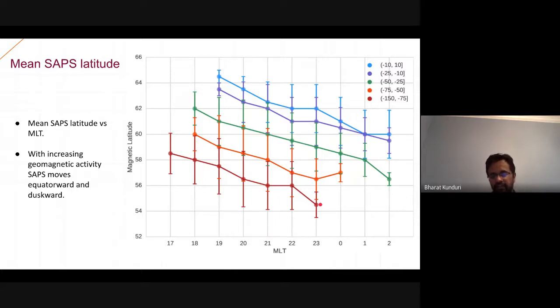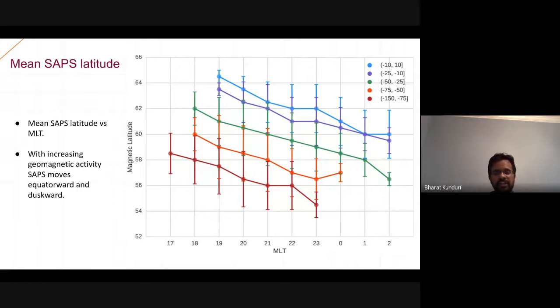For example, these could be happening at a lower latitude than 52, or the location of SAPS flows is below 52 or 54 degrees, and that's why I'm not able to collect a significant amount of data in that region. But towards the higher latitude side, I'm fairly confident that we have coverage.